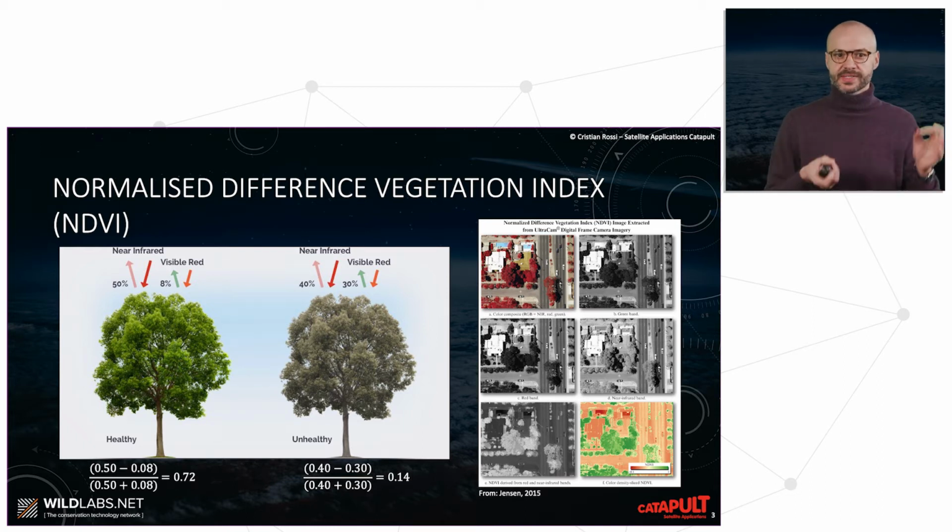Anyhow, just putting the numbers into this NDVI equation, we see how the healthy plant in this case has an NDVI of 0.72, while the unhealthy plant has a much lower NDVI, 0.14. This is the overall concept of this specific index. We see another example in the figure on the right, where the NDVI product is the colored figure at the bottom, and we see how the vegetation is captured very well, again in green.